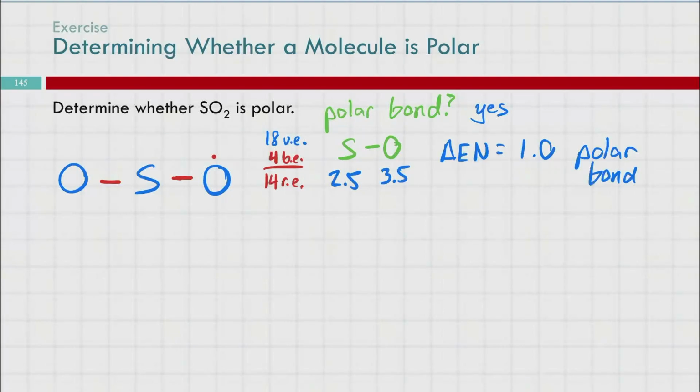We'll place those starting from the outside and working our way in. So we can place 6 electrons on each of the oxygens. We can't place any more than that because that gets them up to their full octet, because 3 lone pairs plus a bond is 8 electrons. So the most that we can add to our oxygens is 6 each, which is 12. And then we have 2 left, and so those will go onto the sulfur.